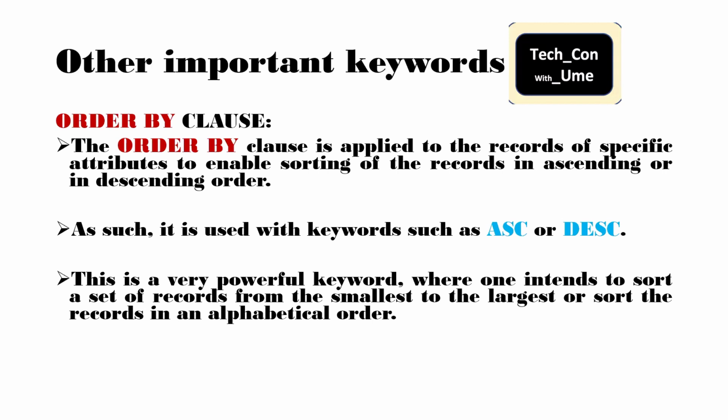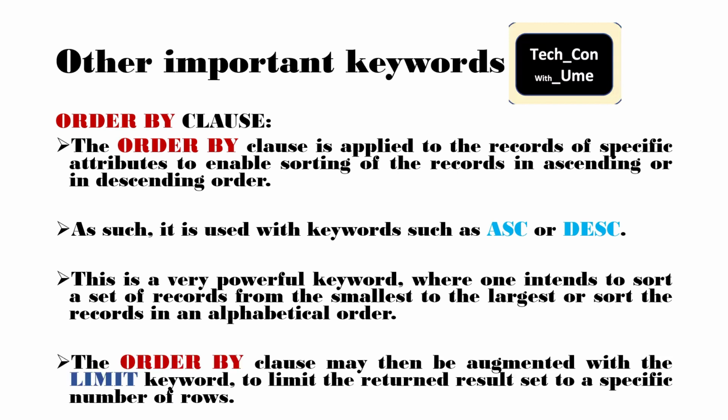Now, this is a very powerful keyword where one intends to sort a set of records from the smallest to the largest, or sort the records in alphabetical order. Now, the order by clause may also be augmented with the limit keyword, which is used to limit the returned result set to a specific number of rows.